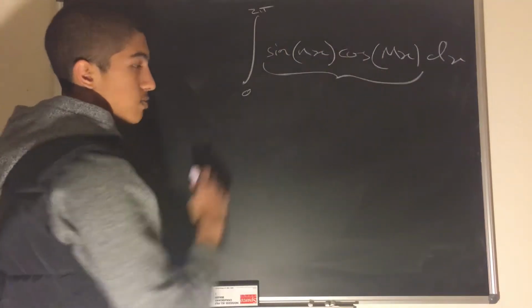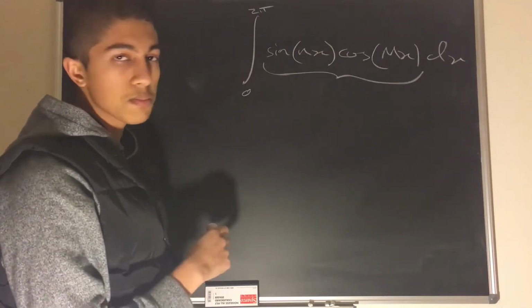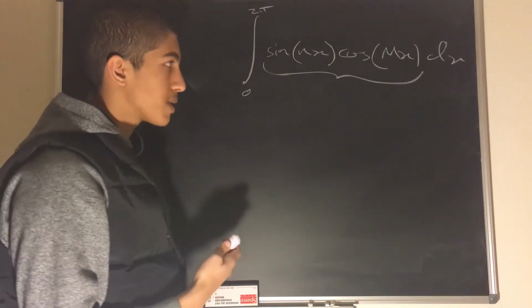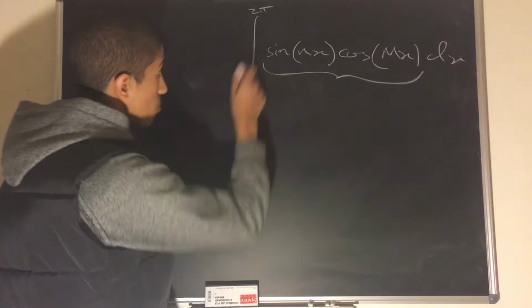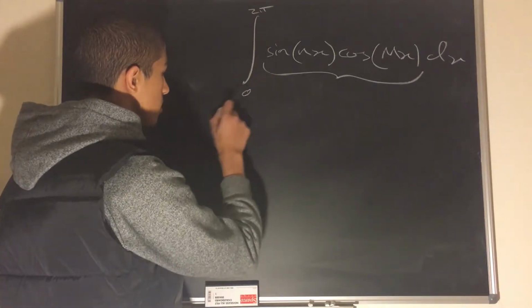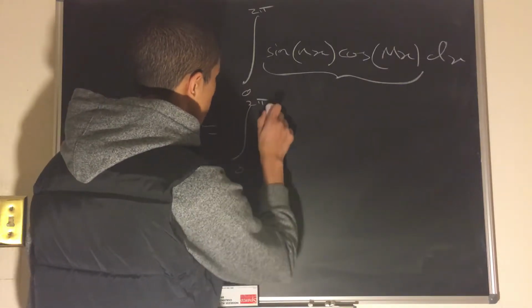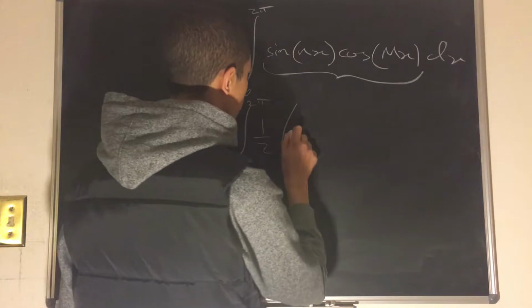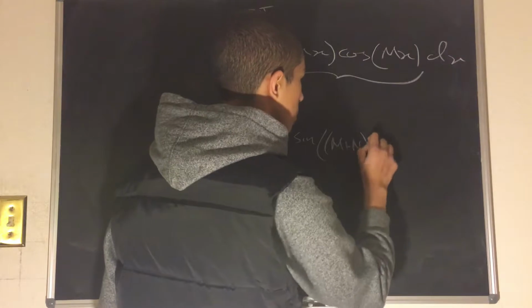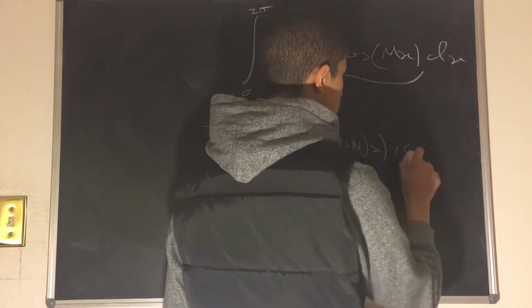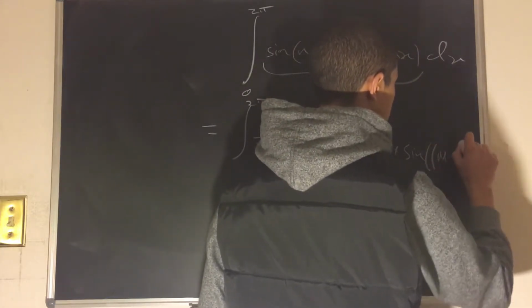And this expression, sin(nx) times cos(mx), looks very familiar to us because we discussed the product to sum expansions in a very recent video. So this expression, when integrated from 0 to 2π, equals the integral from 0 to 2π of one half multiplied by (sin((m+n)x) + sin((m-n)x)) dx.